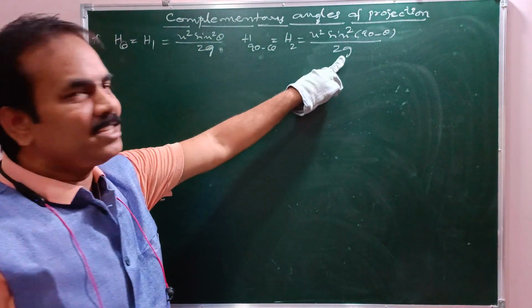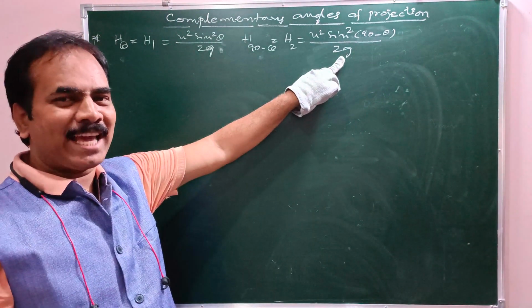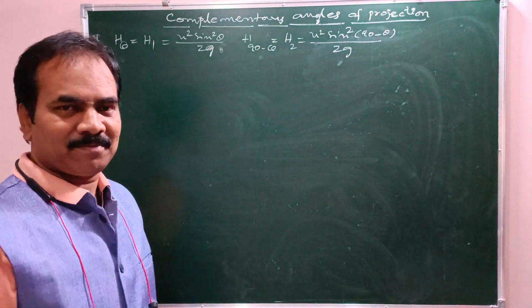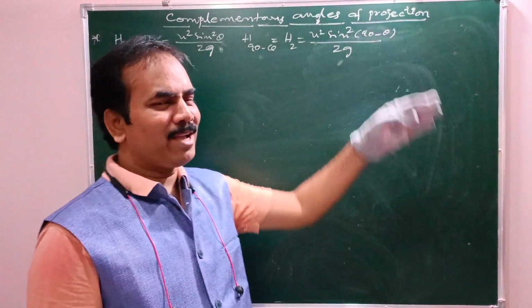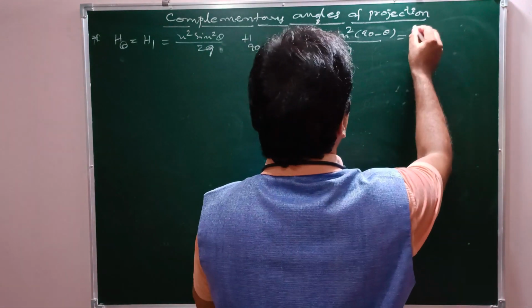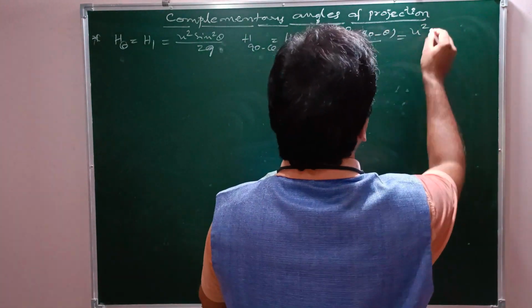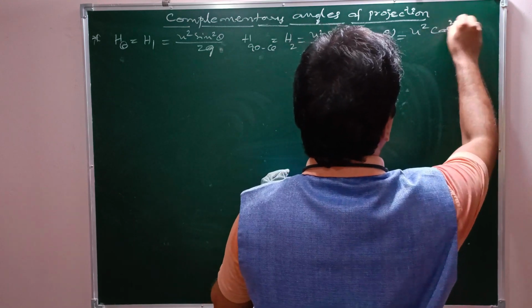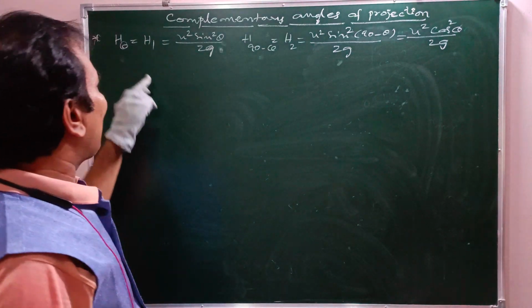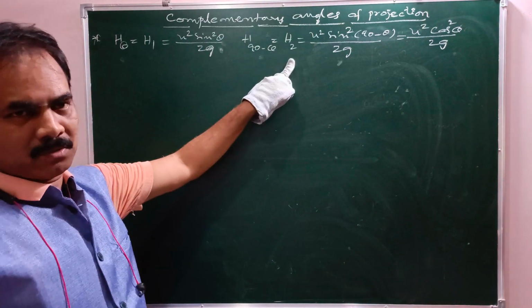Here g remains the same because we are doing the experiment at the same place, and u is also the same, the speed of projection. Now sin square 90 minus theta means cos square theta, so h2 is u square cos square theta by 2g. So here we have h1 and h2.